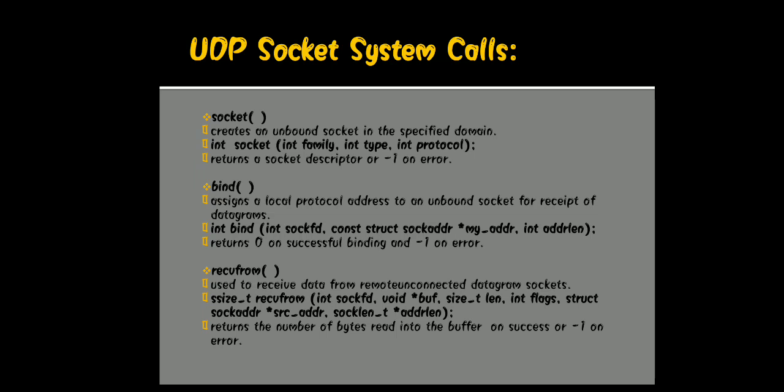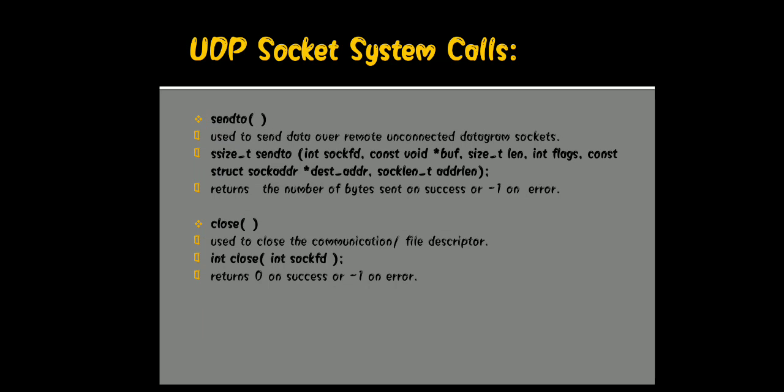Send to. Send to system call is used to send data over remote unconnected datagram sockets. It accepts 6 arguments: file descriptor, buffer containing data to be sent, size of buffer, flags to modify socket behavior, destination address, and its size. It returns number of bytes sent on success and -1 on failure.